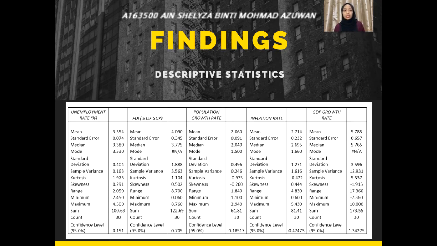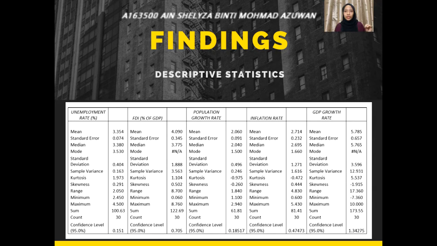In this descriptive statistics, we are going to observe the four independent variables, which are the FDI, the population growth rate, the inflation rate, and also the GDP growth rate. For the first one, which is FDI, as you can see, the mean for FDI is 4.09 and the median is 3.775.